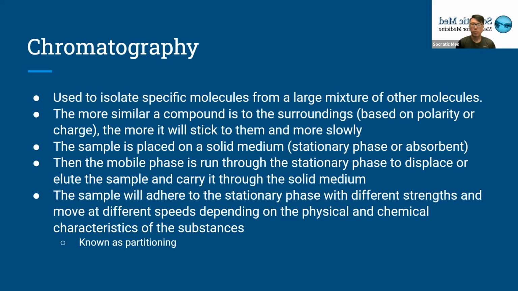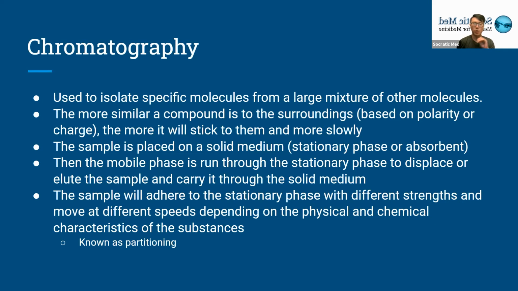So the sample will adhere to the stationary phase with different strengths based on the polarities, the chemical and physical properties. And because it will stick to the stationary phase at different strengths and move at different speeds, you can distinguish the differences between the different compounds in that mixture.